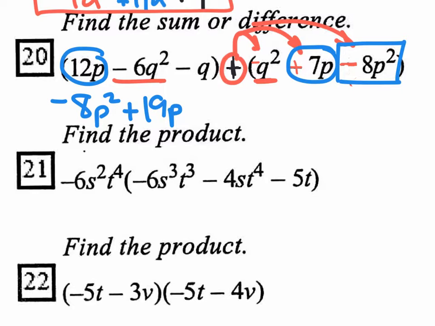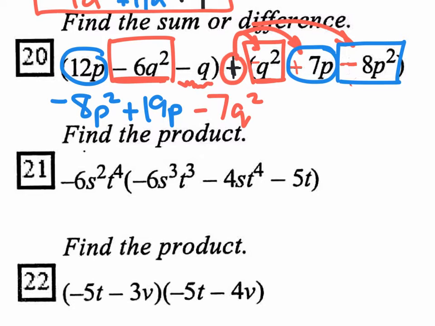And now we need to combine the q's. So let's combine the negative 6q squared with the negative q squared. That's going to be a negative 7q squared. And then my last term is going to be this minus q all by itself. So this is the correct answer.